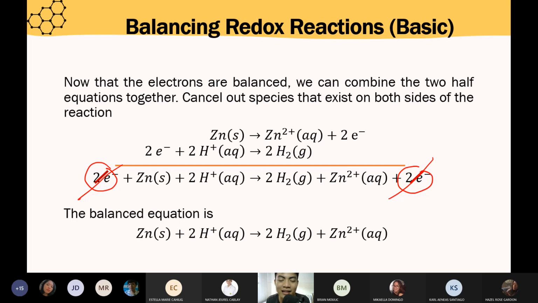Pwede mo ma-explain bakit kinakalawang yung bakal. Bakit tayo nag-exhale ng carbon dioxide. Bakit tayo may energy. So, all of them are redox reactions. That's the beauty of chem. Mahirap, pero maraming application. Even biology, magagamit ito. Okay?